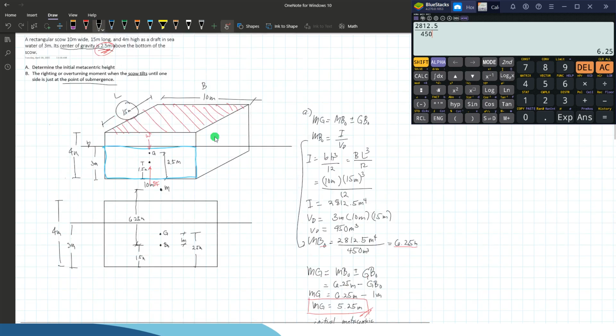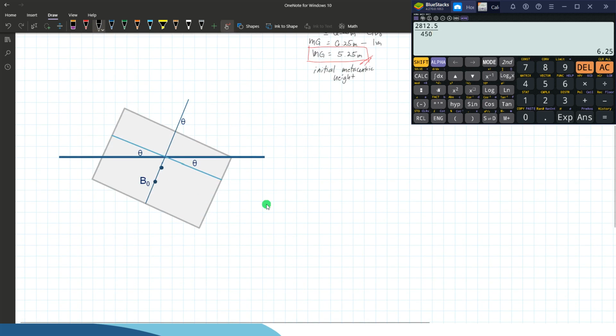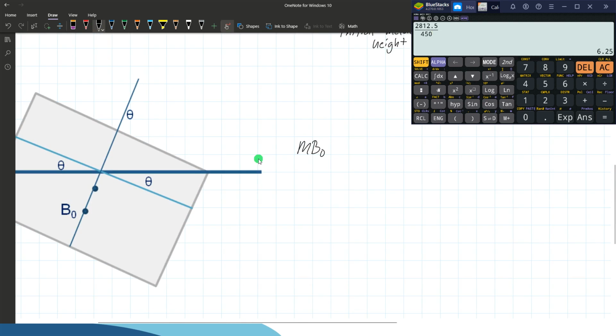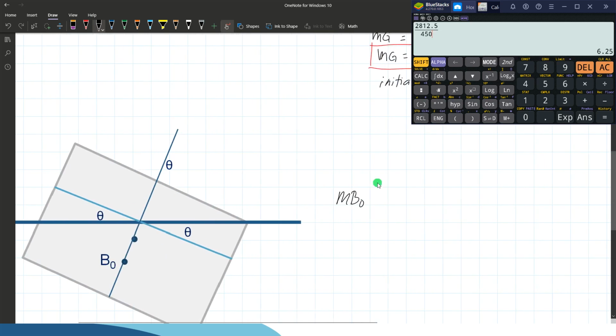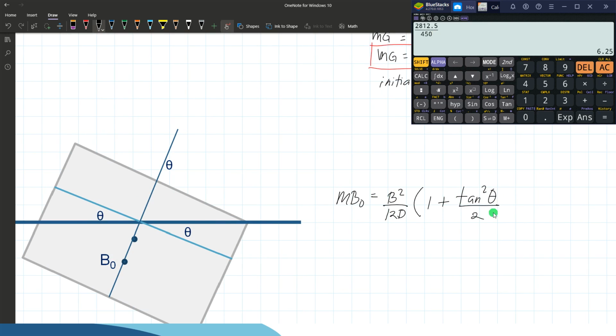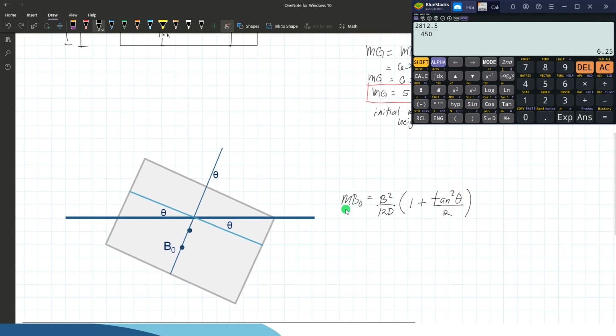Since this is a rectangular section, we can use the solution for MBO, which equals b squared over 12d, times 1 plus tangent squared theta over 2. But we don't have yet the value for the angle of tilt, so let's determine first the angle of tilt.